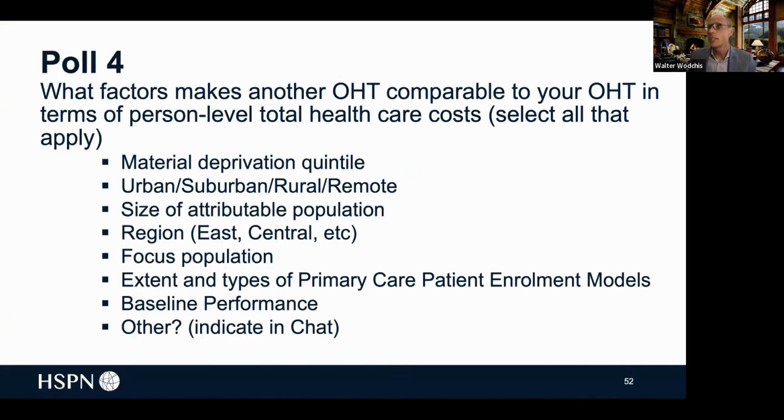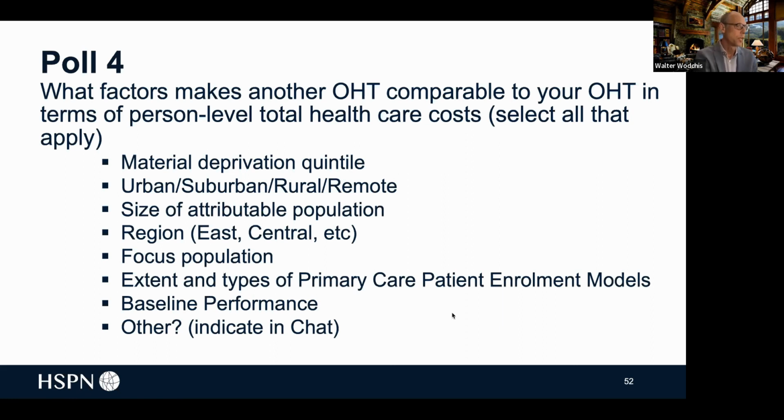What factors make another OHT comparable to your OHT in terms of total cost? So this is really thinking about everything that you do to care for your populations. What is it that makes them more or less comparable in terms of your overall aggregate health spending?